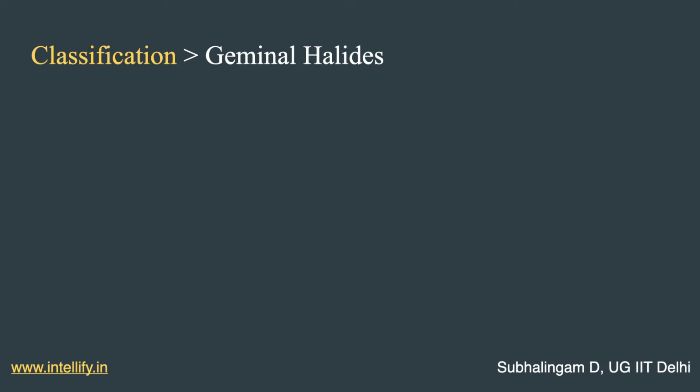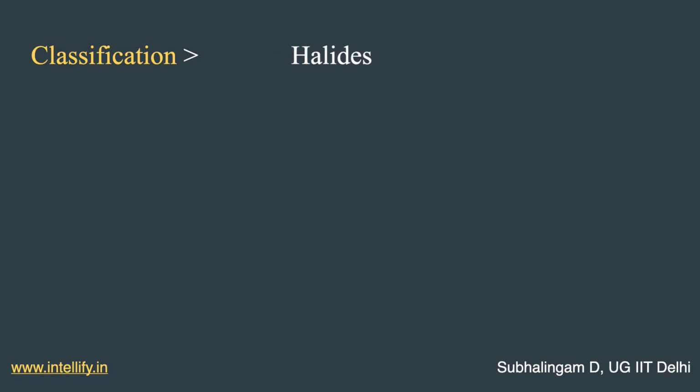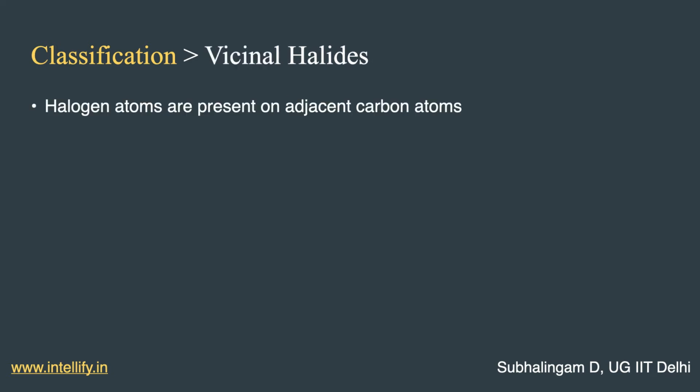Now let's look into di-substituted haloalkanes. This is a small classification where we restrict ourselves to halogens attached either to the same carbon atom, which we call geminal halides like this, or halogens attached to neighboring or adjacent carbon atoms like this.